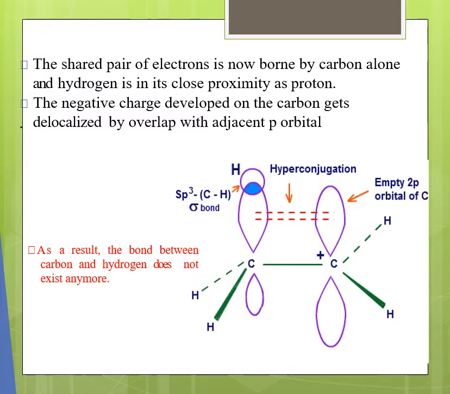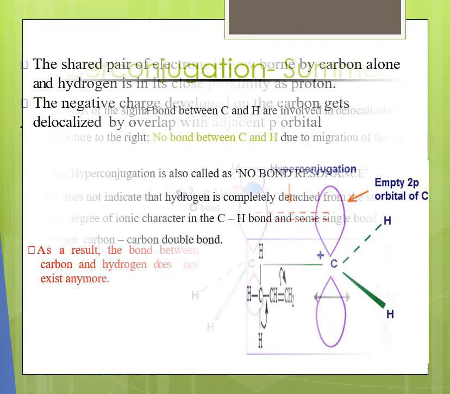So this bond between hydrogen and carbon does not exist anymore, because this carbon is forming a bond with the neighboring carbon by sp3 and p overlap, right? So the carbon forms a double bond with the carbon, and the hydrogen becomes free, right?